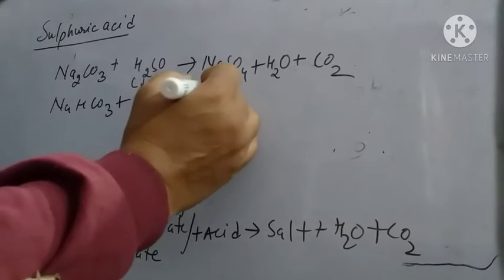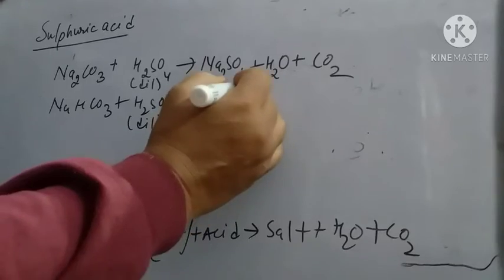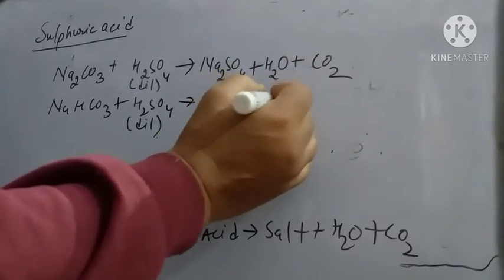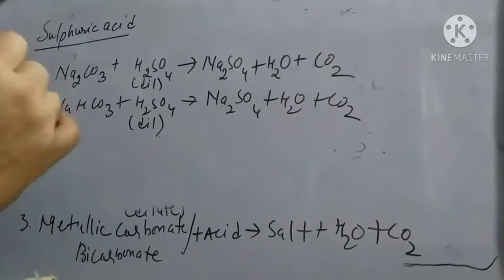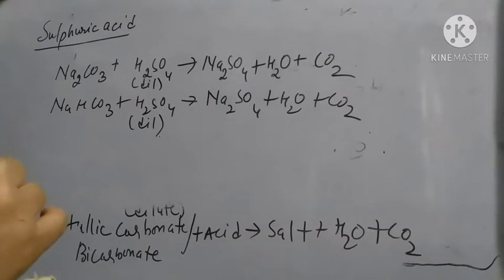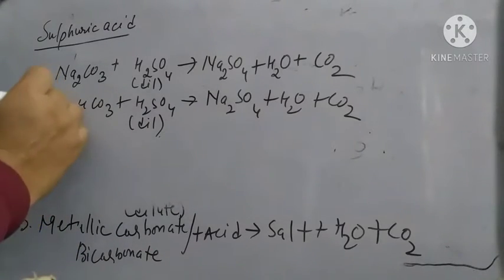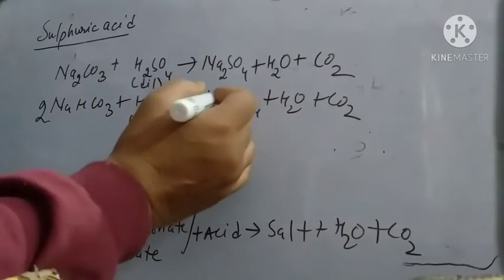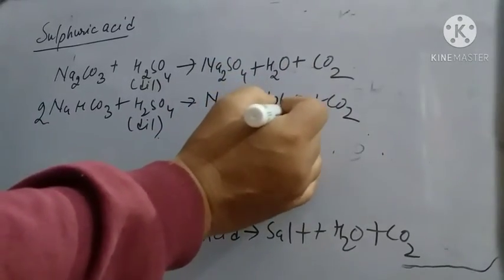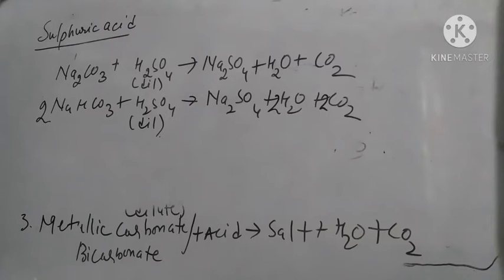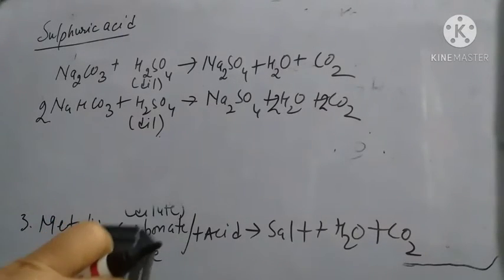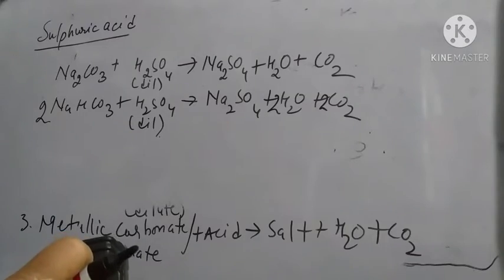So the salt formed will be sodium sulfate plus water plus carbon dioxide. You have to balance the equation after writing it. So this is the reaction for metallic carbonate or bicarbonate with dilute sulfuric acid.